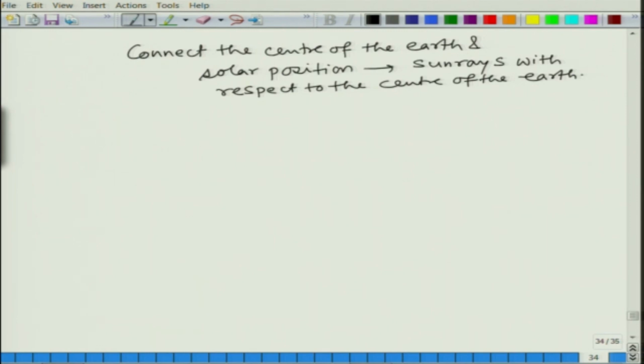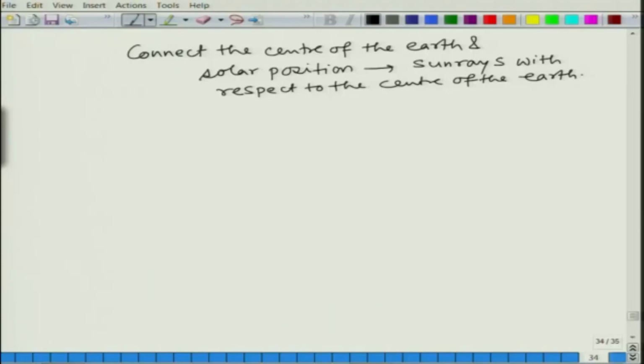Okay. So now you have to imagine again that the sun is a very big and very distant source of radiation, and with respect to that, earth is very small. As you also learned in your school days, for a distant light source you can assume all the rays are parallel.